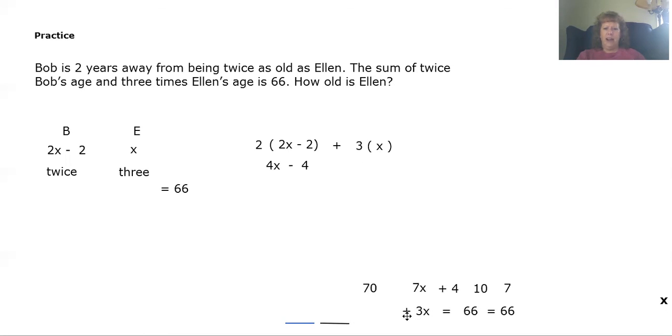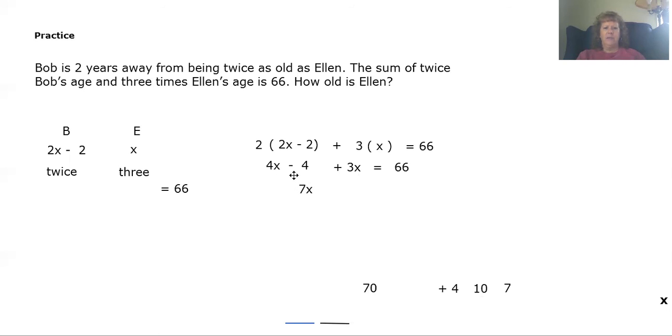And then on this side, if we have 3 times x, 3x is going to equal 66. And I could have had this equal also at the top, but just forgot to put it up there. So now I'm going to try to combine like terms, and I have a 4x plus 3x will be 7x.